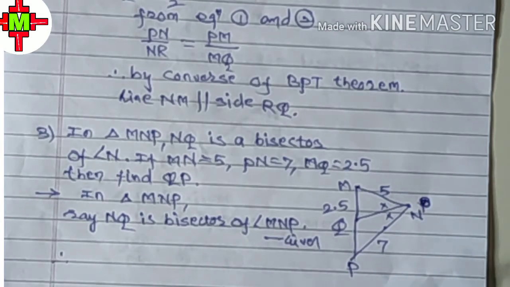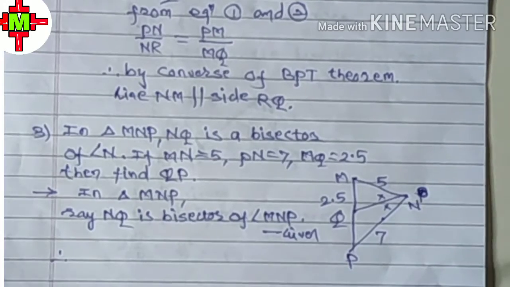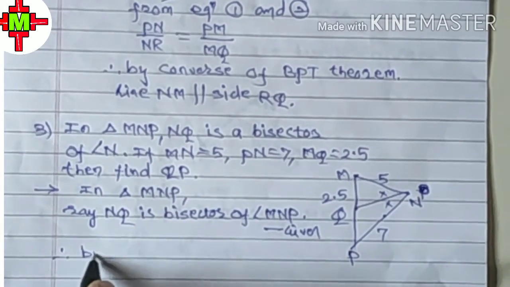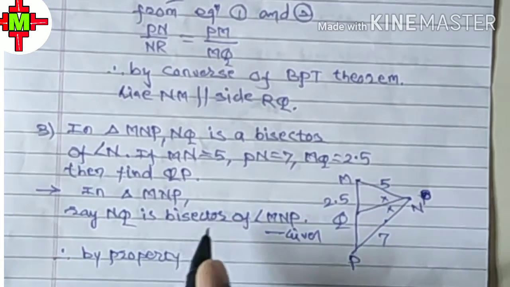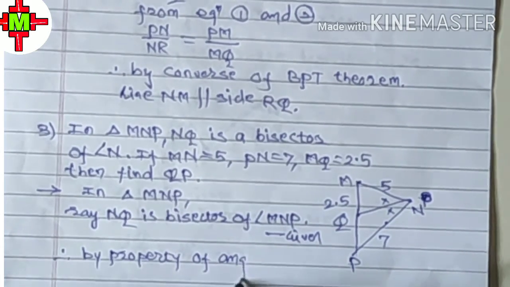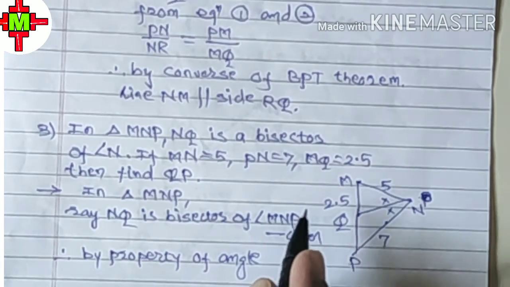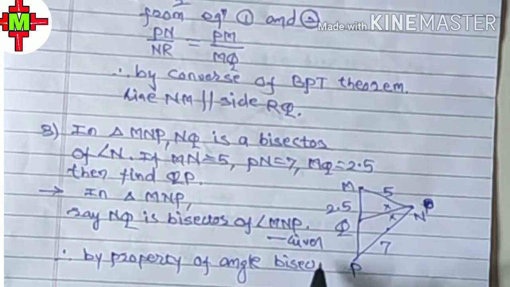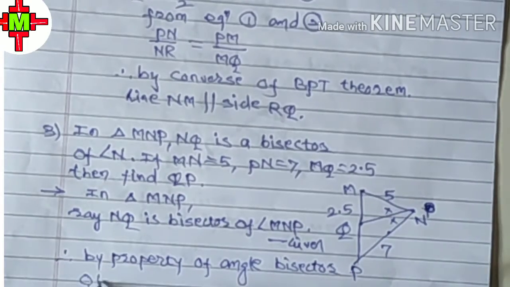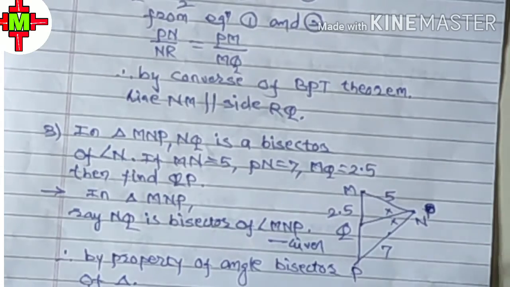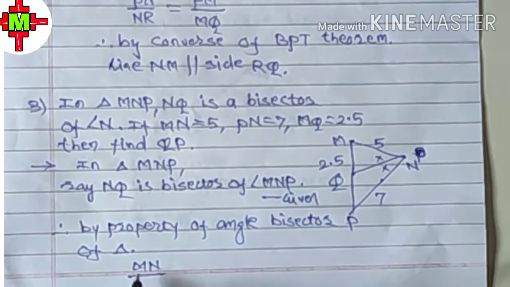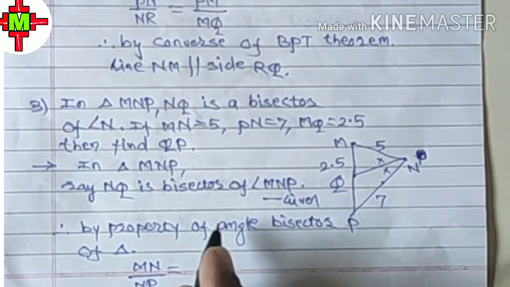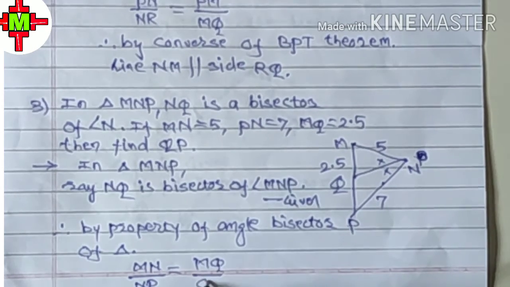Therefore, by property of angle bisector of triangle, MN divided by NP is equal to MQ divided by QP.